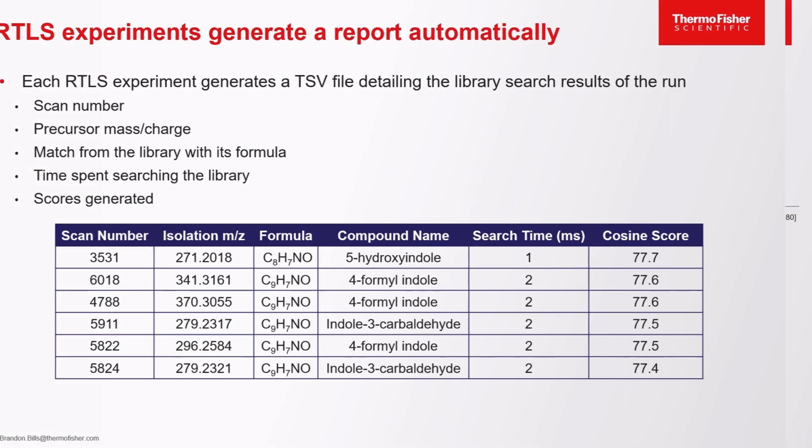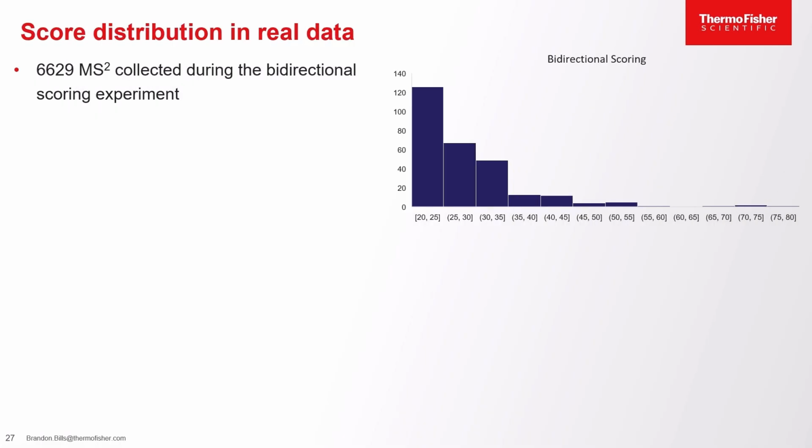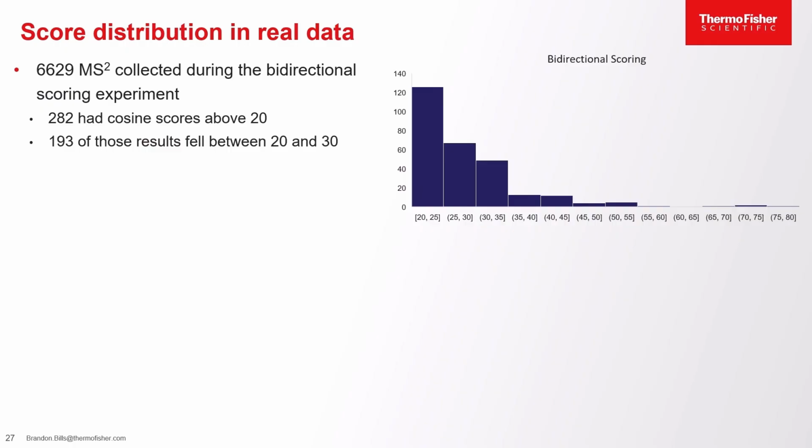Let's look at the distribution of scores. So for bidirectional scoring, we had 6.6 thousand MS2 collected during the experiment. We can see that out of those thousands of scans, only 282 had cosine scores above 20. 20 was what we had determined empirically by looking in Compound Discoverer as sort of a threshold that anything beneath that has no real interesting similarity with the compounds in the library.